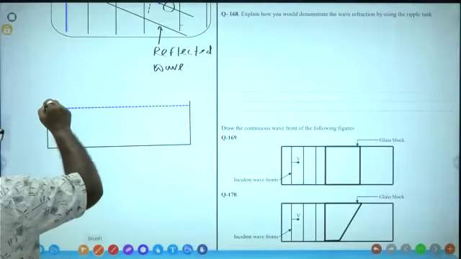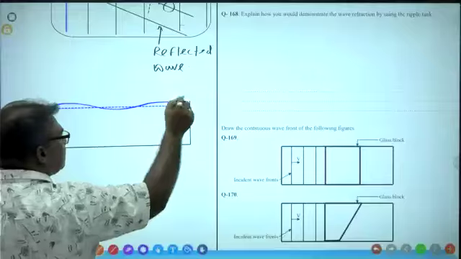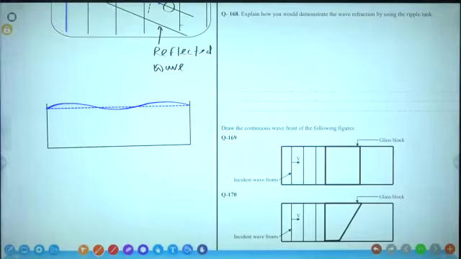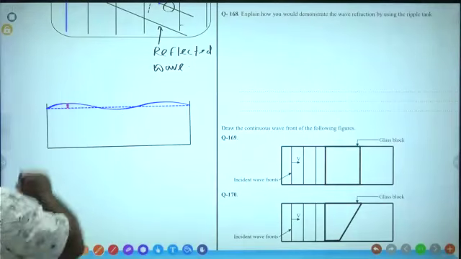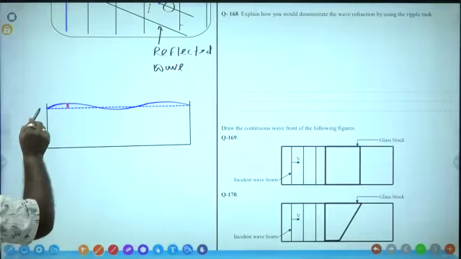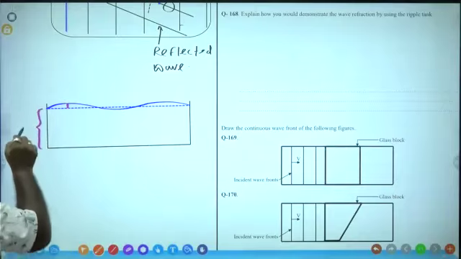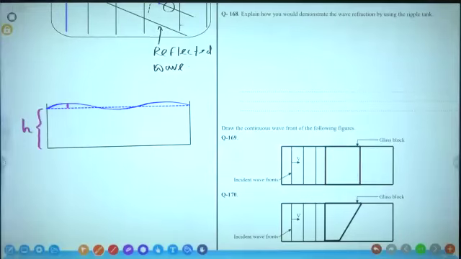Generated waves should be arranged like this. For the basic investigation of refraction especially, the amplitude of the wave should be negligibly small, which means the depth of the water, if this is h, won't be changed with the motion of the wave.